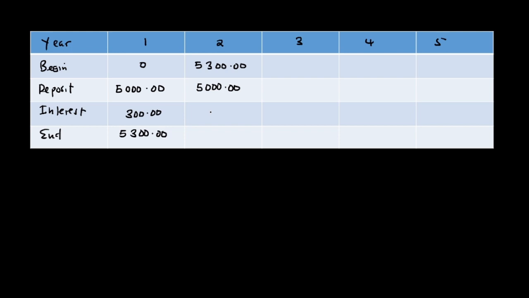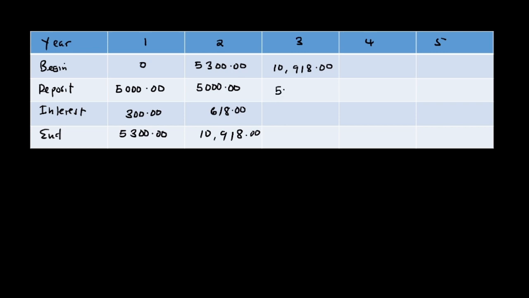Your interest, which is 6%, will be 618. Then you're going to have 10,918. That becomes your balance in year number 3.